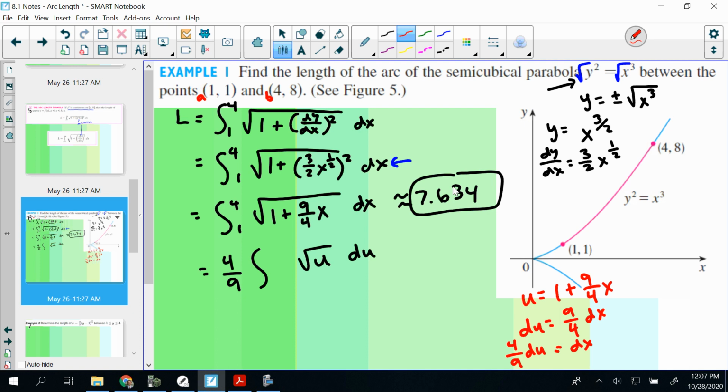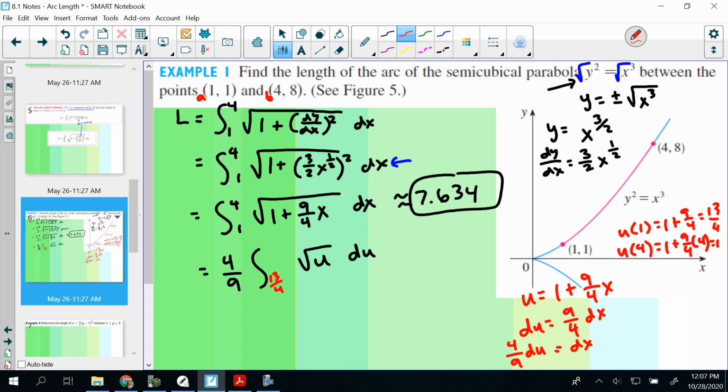So what would those limits be if we were to put in 1 and 4? Well, u at 1 would be 1 plus 9/4, which would be 13/4. So that is what this one would change to. If we were to put 4 in there, it'd be 1 plus 9/4 times 4.